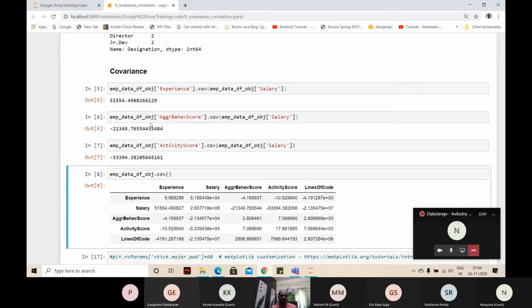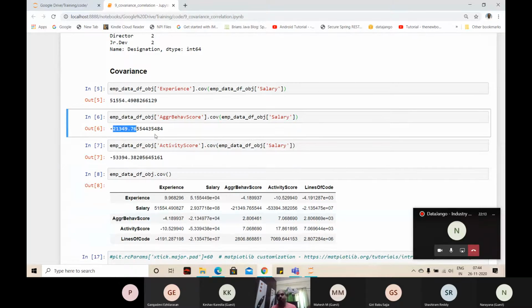So these two are negatively correlated, but how strongly negatively correlated we don't know. How big is big, we don't know. How small, we know: if it is close to 0, strength is not that good. But even when it is close to 0, if the values in the columns are small, there is no guarantee that it's weak. So it is giving direction only. Strength it is not giving.